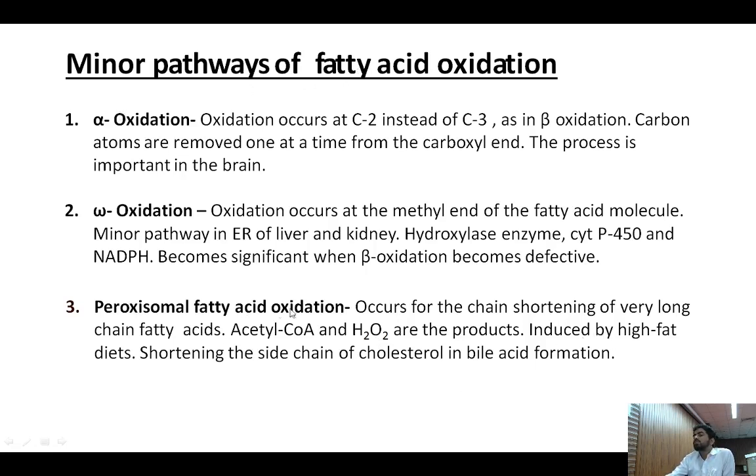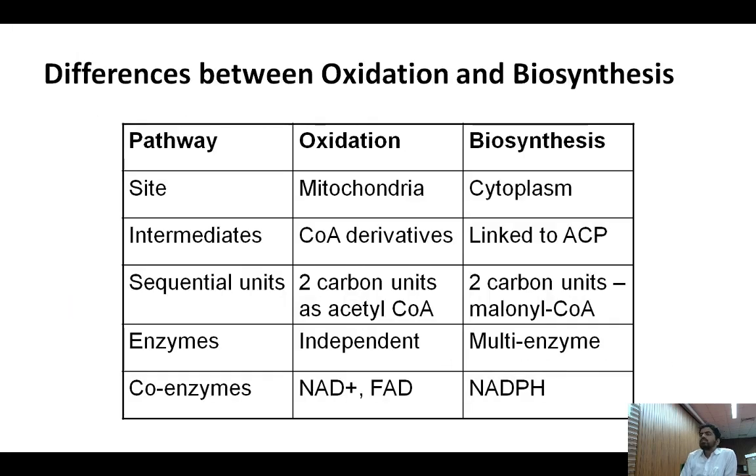Peroxisomal fatty acid oxidation is induced by a high fat diet. It is also involved in the shortening of the side chain of cholesterol. Cholesterol we had seen, right? It's a big molecule. So for the shortening of the side chain of cholesterol, peroxisomal fatty acid oxidation happens, because cholesterol is required for the formation of bile acid. So this we saw last time also.